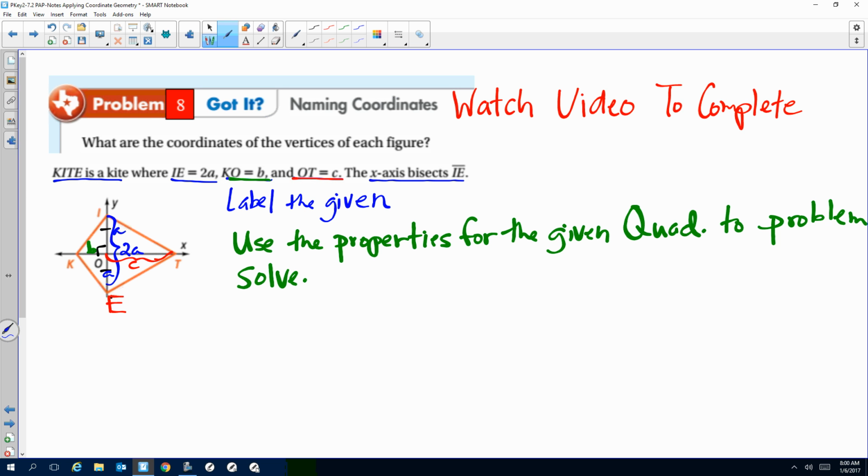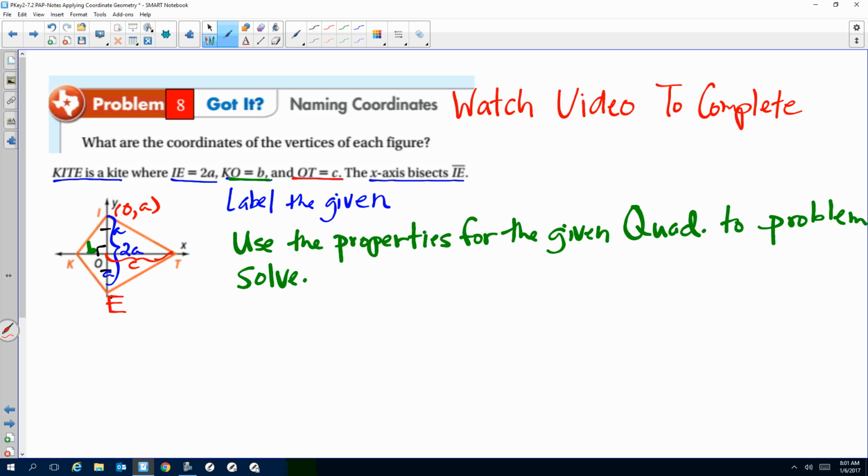And then they want us to come up with the vertices for the figure using those properties. So remember, I'm using my equal distance for those things that are about the origin. And then we have the other parts, our horizontal distance and our vertical distance. So if I'm looking at I, it is right here on the y-axis, so that would have to be 0, and it has a vertical distance of A. Okay?